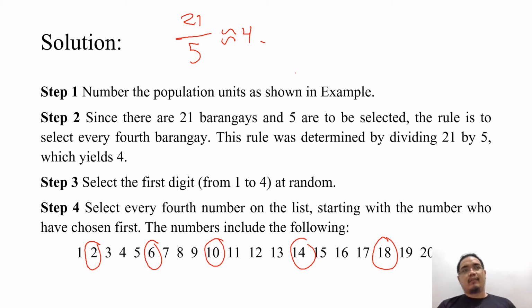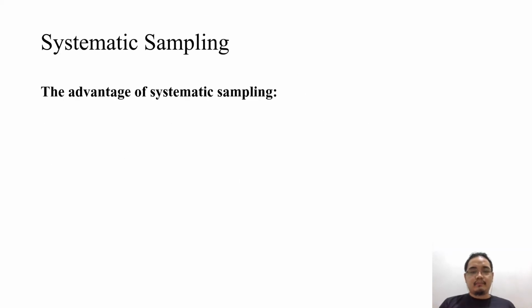At tapos, ganun lang din. Balik ka dun sa listahan, tignan mo kung ano-anong barangays yung may numbers na ganyan. And then, yun na yung 5 barangays na napili natin out of 21. Using another method of random sampling which is called systematic random sampling. Okay po?